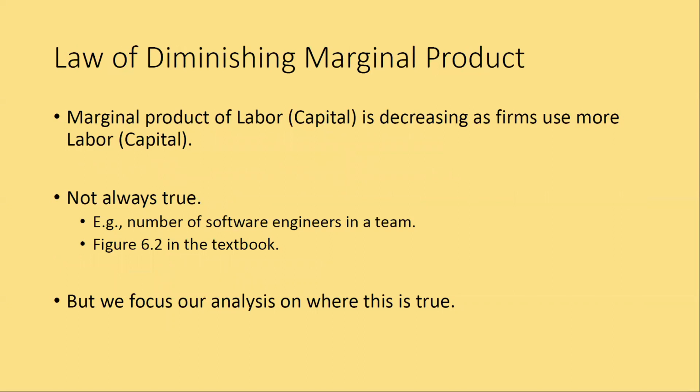And we also have a similar law, that is the law of diminishing marginal product. It says that the marginal product of labor or capital is decreasing as the firm uses more labor or more capital. And again, I want to say that this is not always true. So let's imagine that we are increasing the number of software engineers in a team.